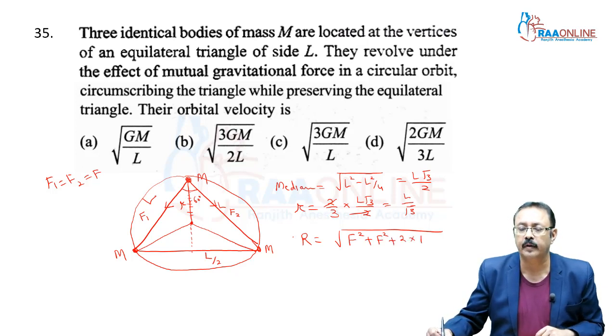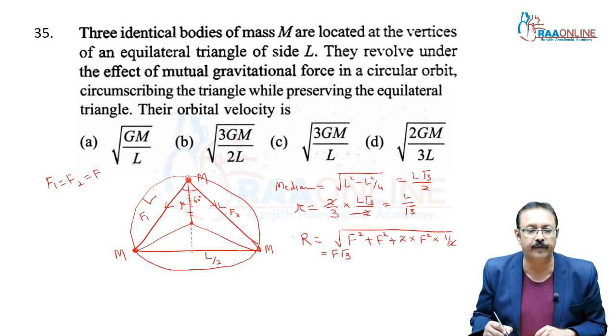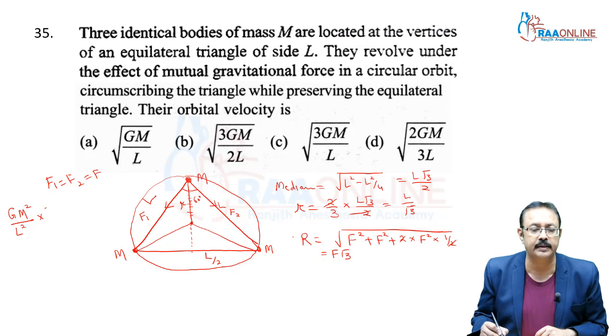Suppose F1 is equal to F2 is equal to F. So what we are getting? 2F square cos 60, 1 by 2. So what is the resultant force? F root 3. And what is F? G M1 M2 upon R square. So F root 3 is this.